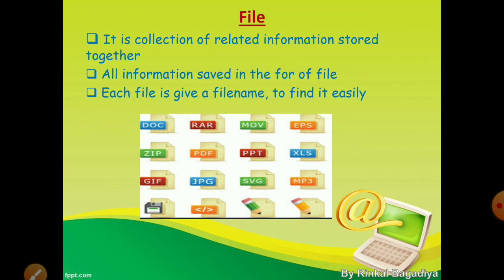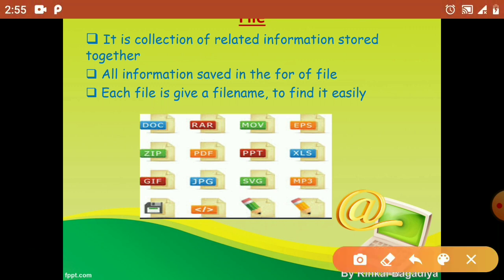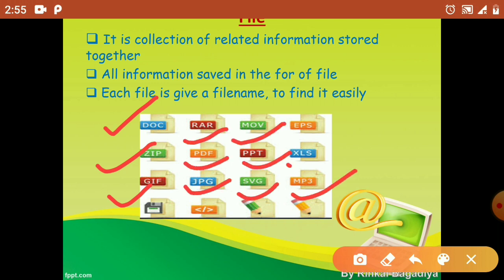Here on the screen you can see one picture is given. In this picture, files of different formats are given: DOC, ZIP, GIF, JPG, PDF, RAR, MOV, PPT, SVG, MP3, XLS, EPS, etc. These are the extensions of file names.